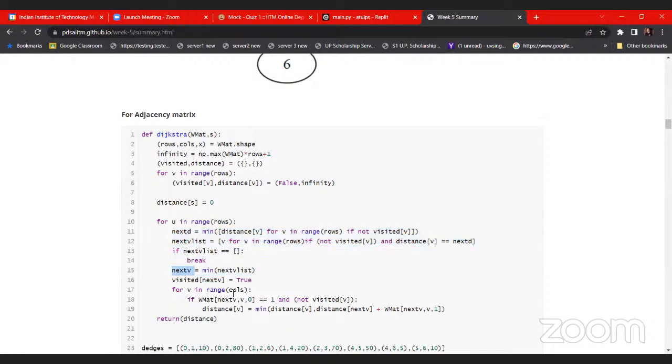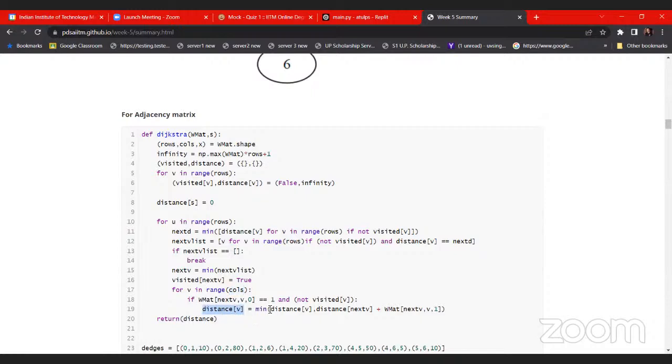Now this is visited. After that we check the adjacent nodes, for v in range cols. We access our adjacency matrix and check the adjacent nodes of our vertex, and we update the value for each adjacent vertex.